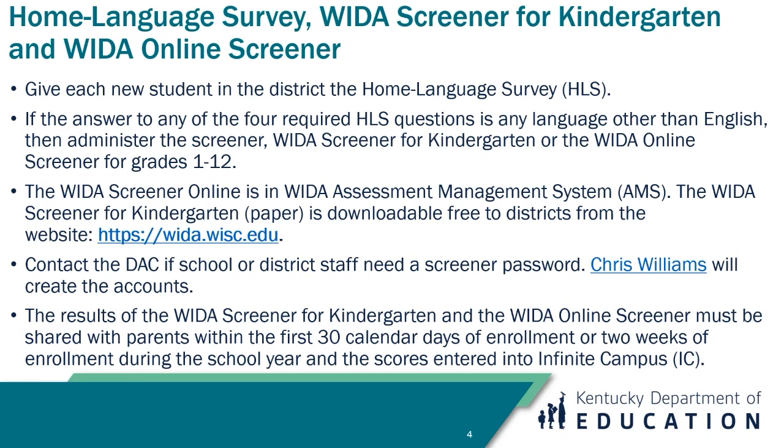And you'll want to make sure all of that information is entered into Infinite Campus so that students are ready. We'll be talking more about entering that information in a different module.